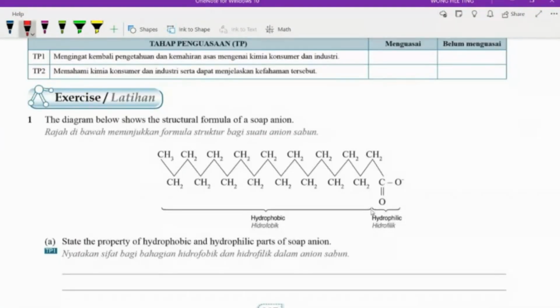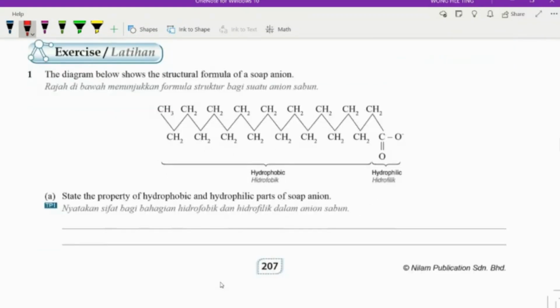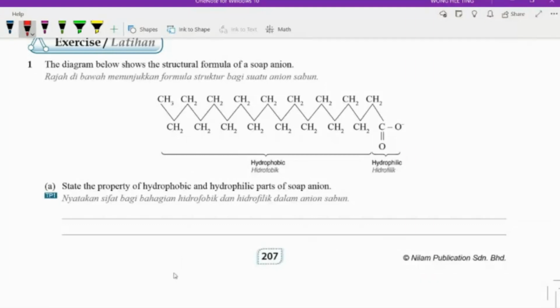So first question: hydrophobic, hydrophilic. So this one is a soap, a salt. You can see COO, carboxylate. State the property of the hydrophobic and hydrophilic parts of the soap and detergent ions. For the class, what is the answer? This one I would like to ask Adeline.